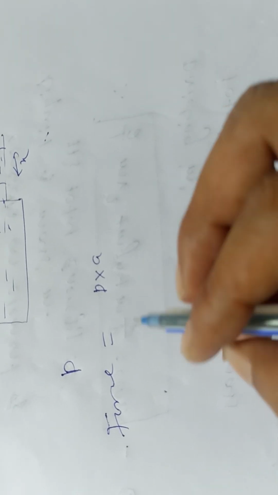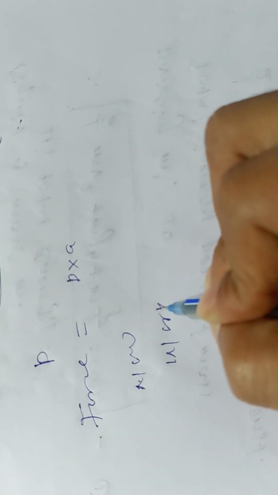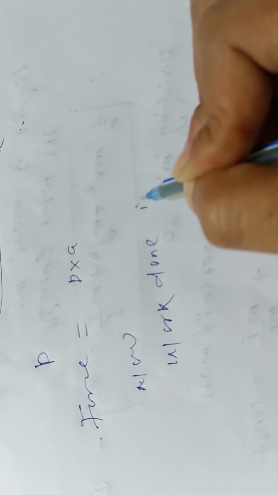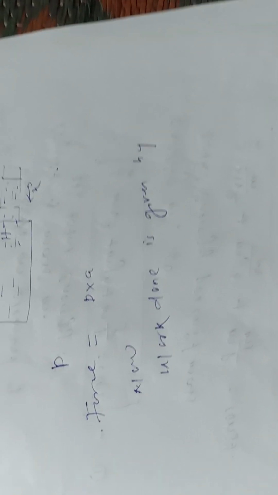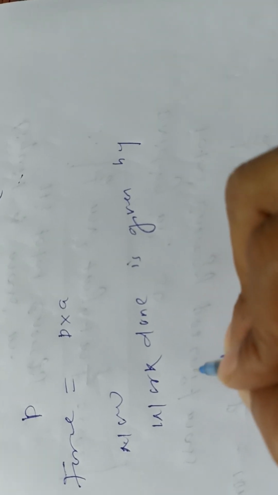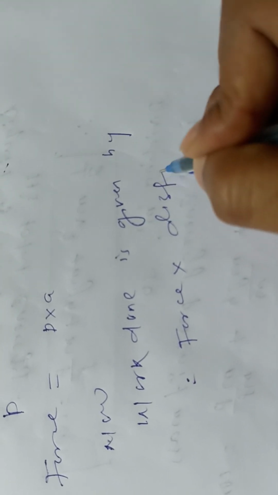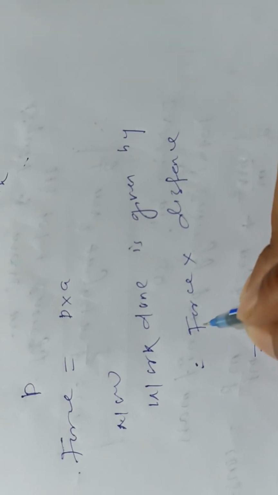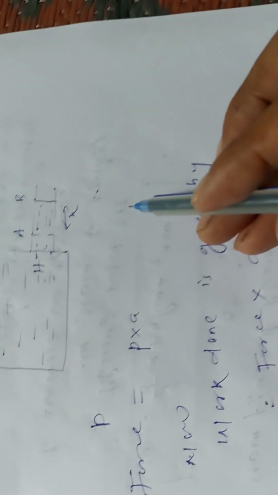Now work done is given by force into distance. The force is P A, and the distance is the distance from B to A, say x.